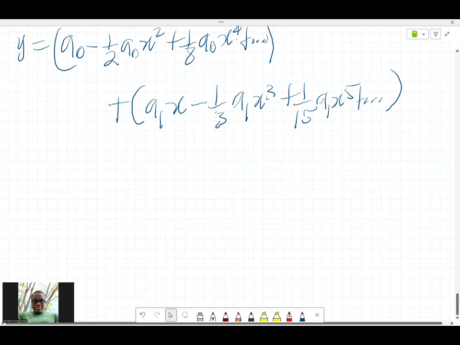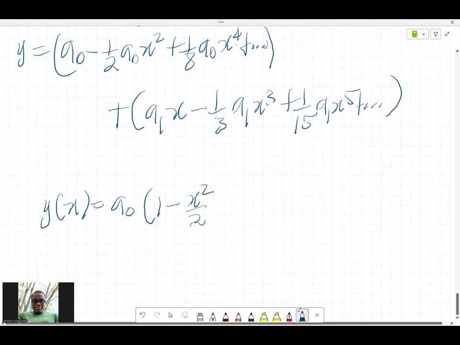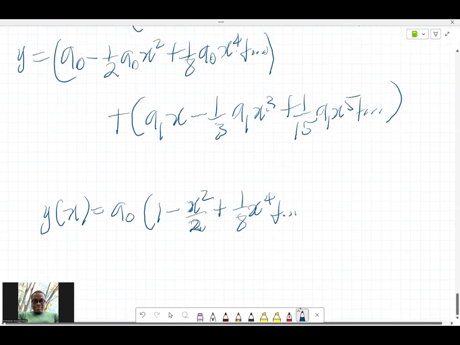So finally, we have y of x equals, if you factorize A naught, A naught into 1 minus x squared over 2, then plus 1 over 8 x raised to power 4, plus all this.